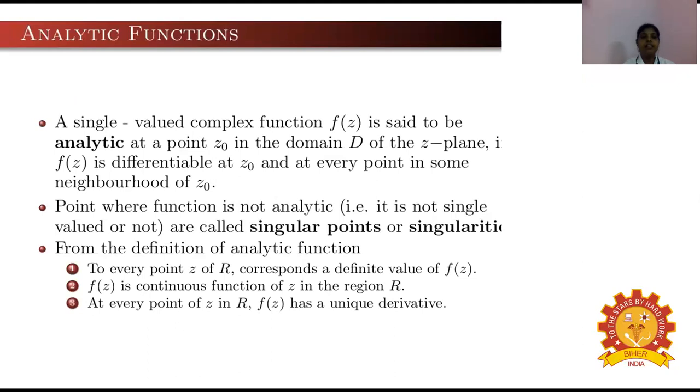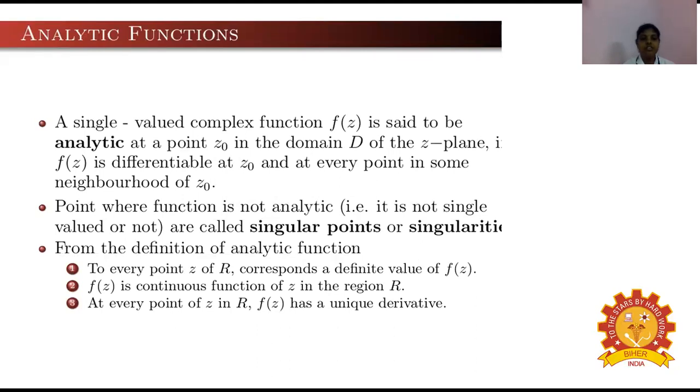Next, analytic functions. A single valued complex function f of z is said to be analytic at a point z0 in the domain D of the z plane if f of z is differentiable at z0 and at every point in some neighborhood of z0.